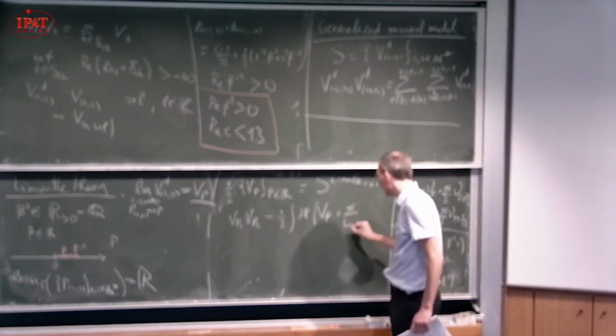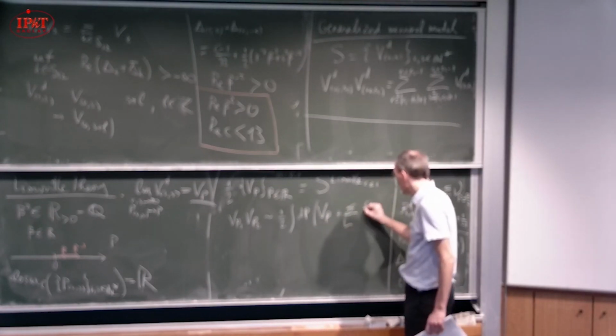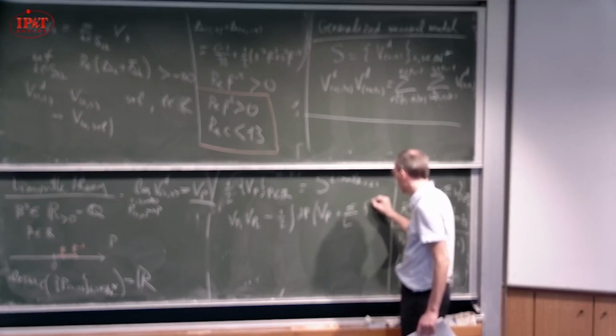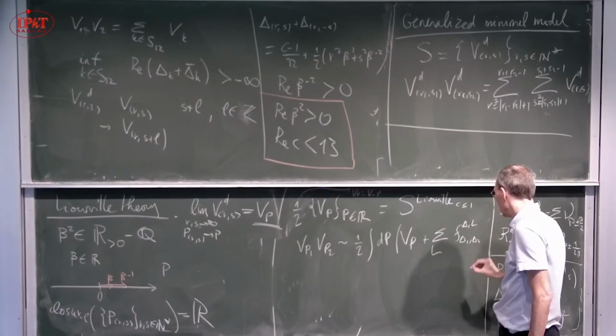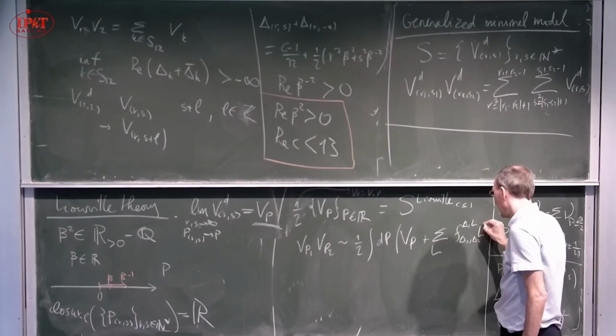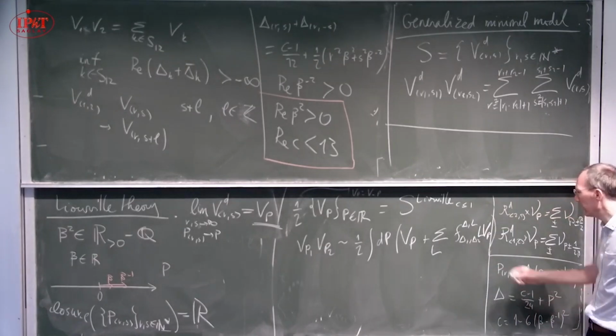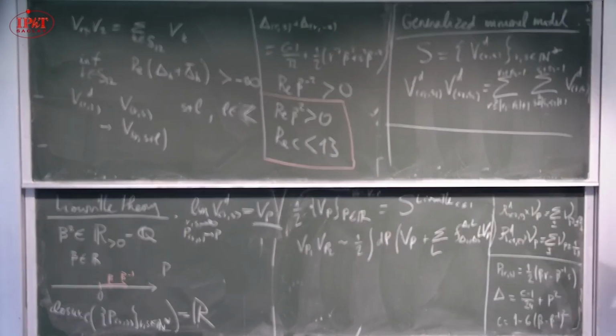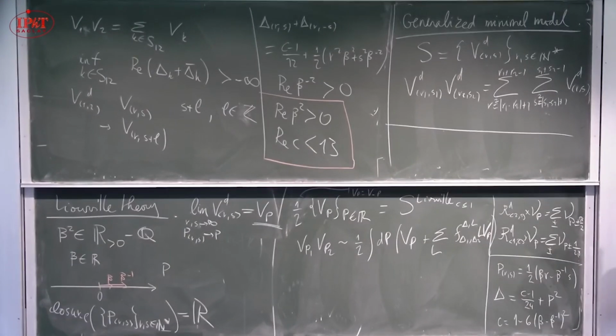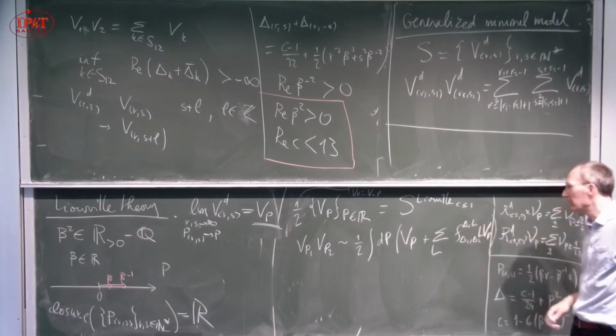And these descendants come with coefficients. So I have some coefficient f delta L, delta 1, delta 2, and then this LVP, let's say. And this coefficient, if you remember, has poles. It has poles when the conformal dimension delta here becomes degenerate.